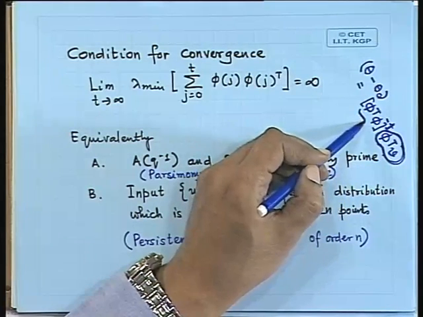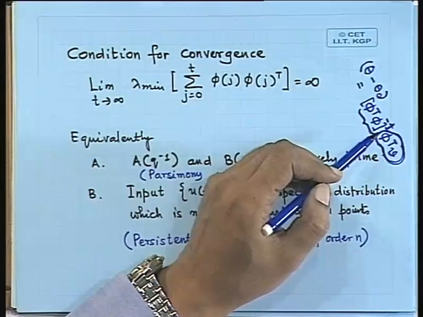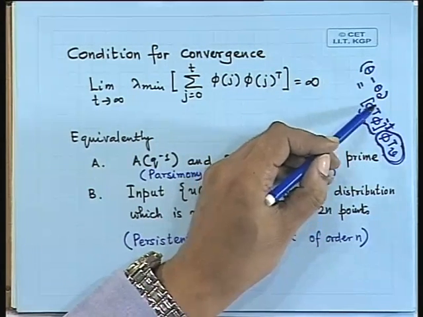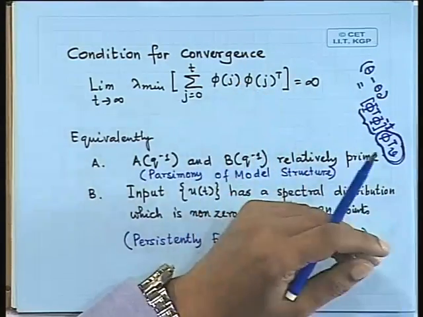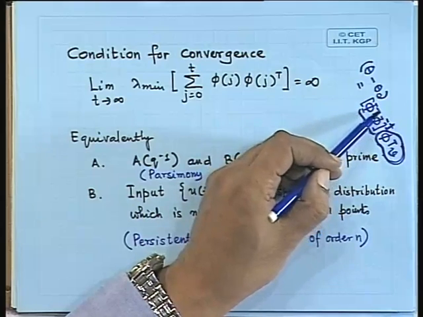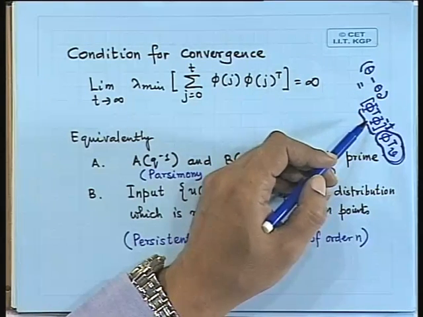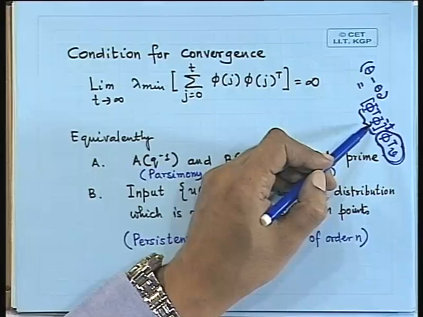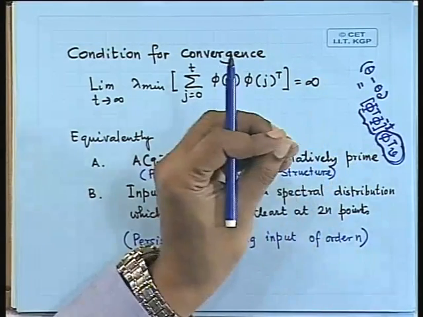So the other thing to ensure is that phi transpose phi, these are capital Phi's, the matrix, will continuously grow in size as n increases. Because if it continuously grows, then its inverse will continuously grow smaller.